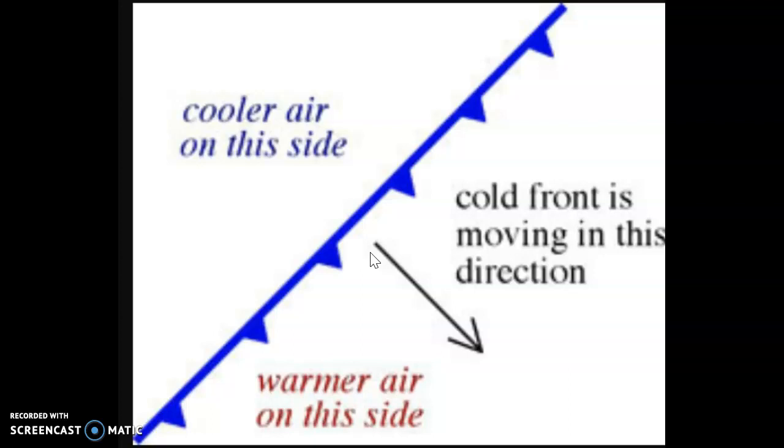For example, this cold front is advancing towards the southeastern part of any given area, because as you can see, it points towards the southeastern region. Beyond that, as you can see from this image here, the cooler side of the air is on this side. Why? Because this shows the advance of cold air sweeping towards an existing warm area. So keep that in mind for me, please.